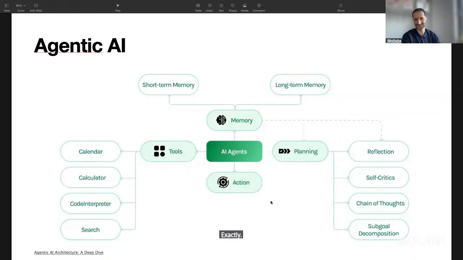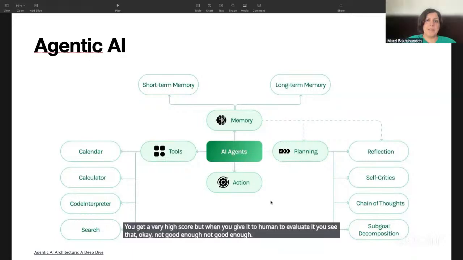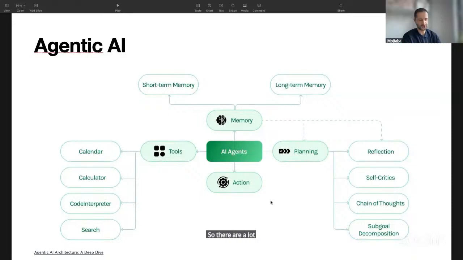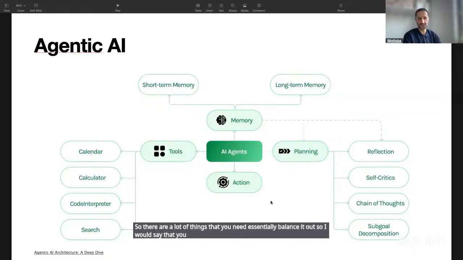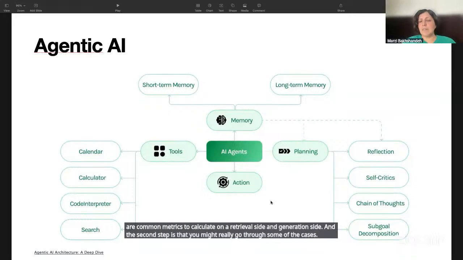So there are a lot of things that you need to balance out. I would do two steps. One step is the common metrics to calculate on the retrieval side and generation side. The second step is for a human to really go through some of the cases. I hope it answers your question.